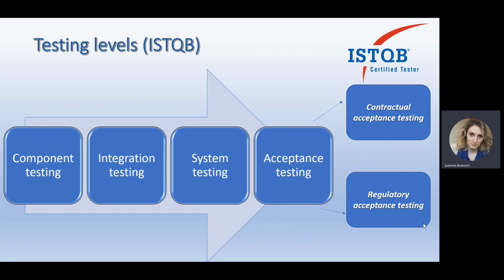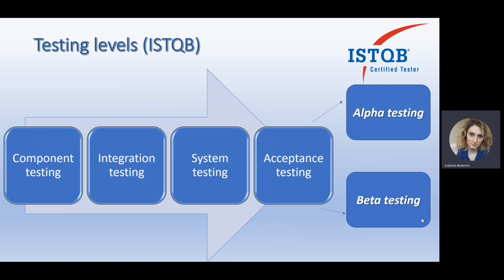Regulatory acceptance testing is usually performed against any regulations that must be adhered to, such as government, legal, or safety regulations, and it is often performed by users, again by independent testers, and sometimes with the results being witnessed or audited by regulatory agencies.